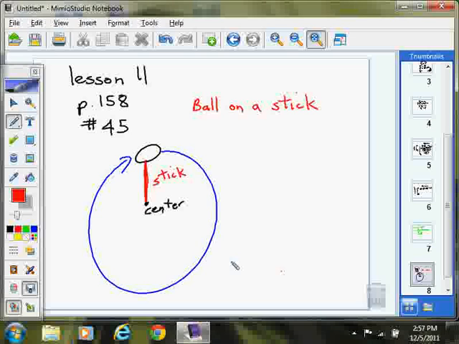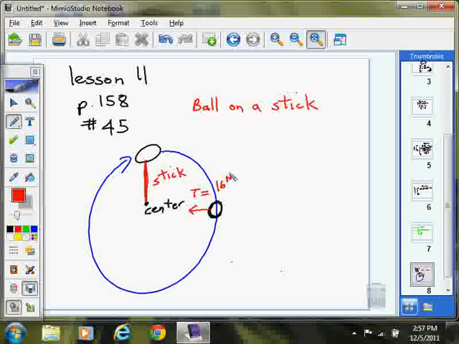So, number 45, they say, when the ball is at the 3 o'clock position, the stick tension is 16 newtons. So, when the ball is right here, the stick is actually pulling in on the ball with a tension force of 16 newtons.